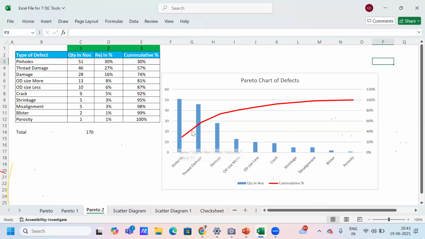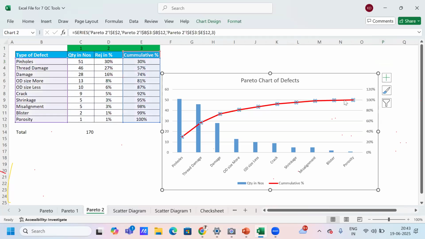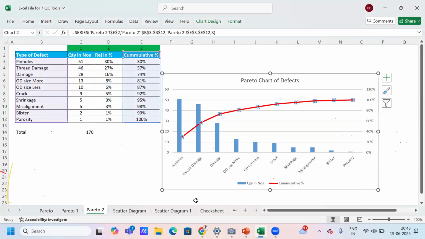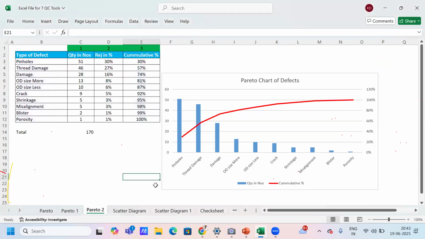It is increasing, starts from here, and will reach 100. Sir, if you don't mind, can you repeat how you draw this cumulative percentage line?